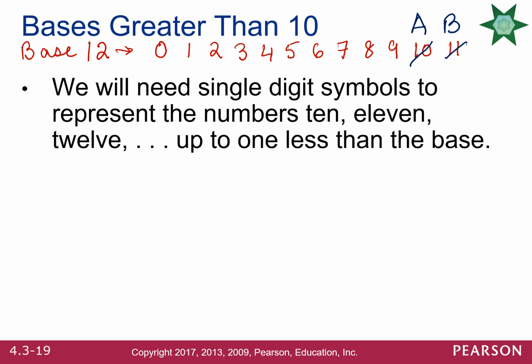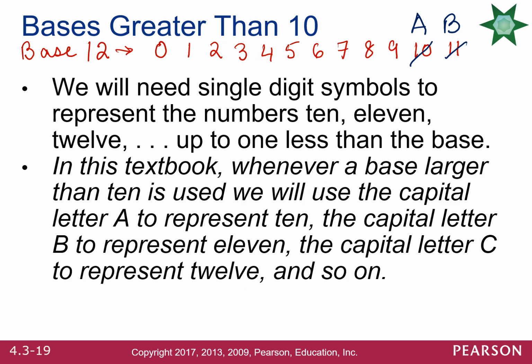So let's see what they say here. It says in this textbook, and it's not just in this textbook, it's an accepted convention, and you will find that in almost every book. So here it says in this textbook, whenever a base larger than 10 is used, we will use the capital letter A to represent 10.